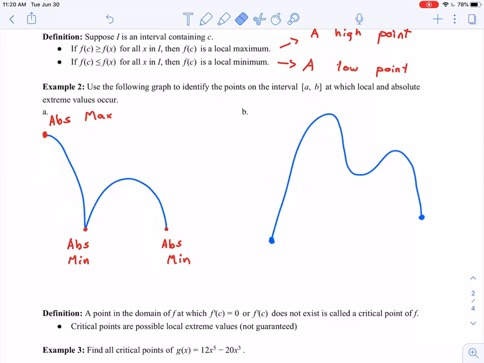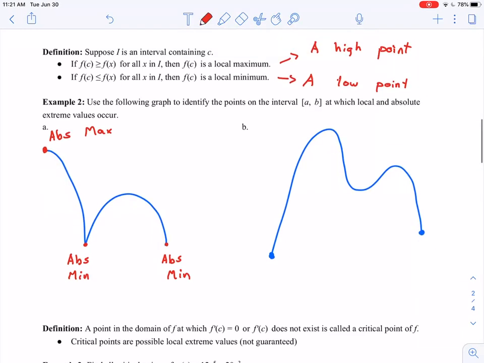We should also talk about our local extreme values. So we're looking for a high point and a low point compared to the points that are around it. So in this problem, I'm going to take this point right here. This point seems to be lower than all the other points around it. This is lower than if I make my interval here and here, if I just compare this point to all the other points around it. That is lower than everything else.